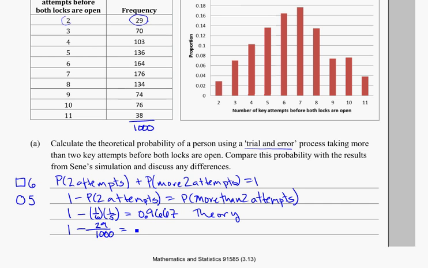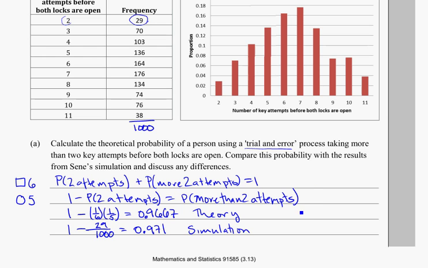And when we do this, we get 0.971. So this is the experiment or simulation. So the simulation is slightly higher, but not by much. That kind of rounds to 97%, and this rounds to 97%.